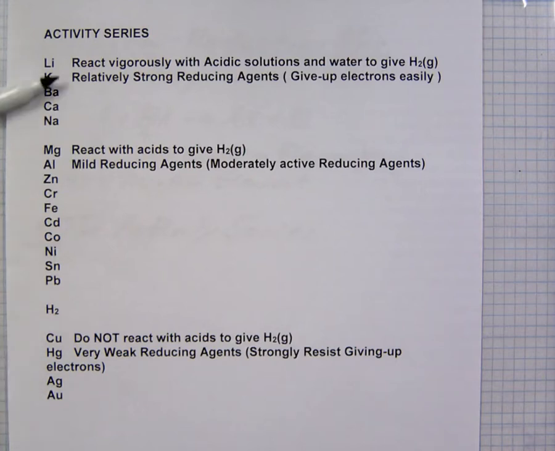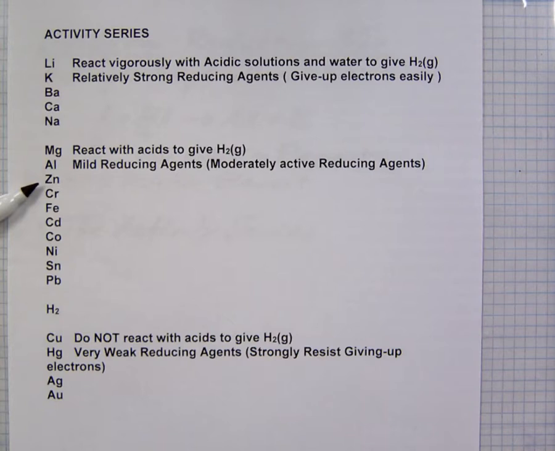So anything up at the top will replace anything below it. For example, lithium would replace any of the elements below it. If we drop down to magnesium as an example, it'll replace aluminum, zinc, chrome on down. But magnesium will not replace lithium, potassium, barium, calcium, and sodium. So we look to this as an indicator of whose will replace whom.